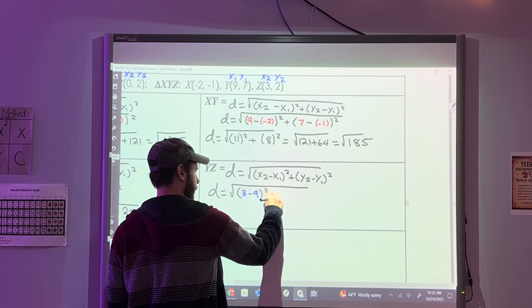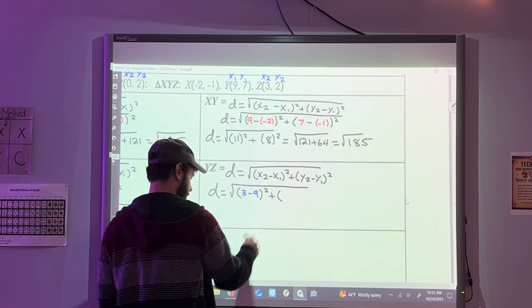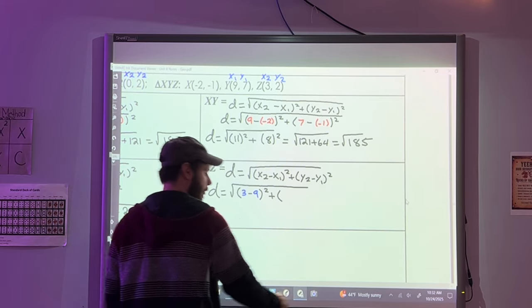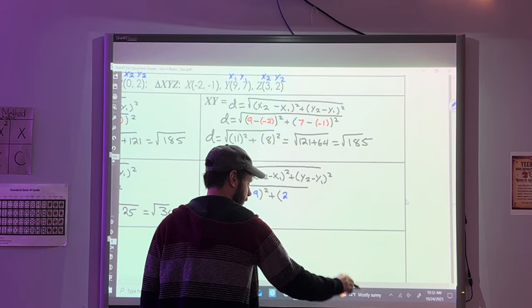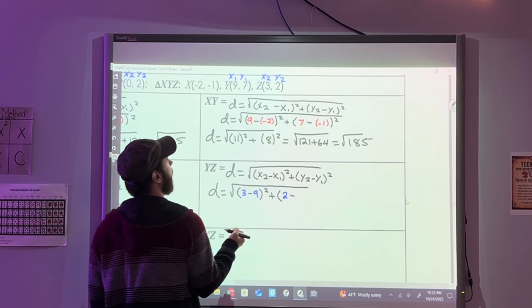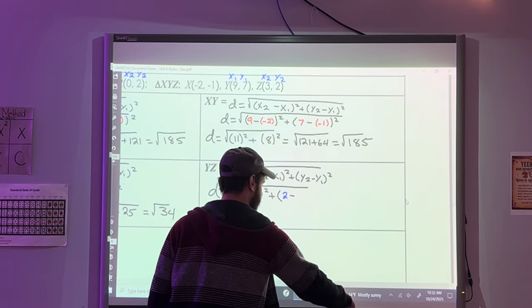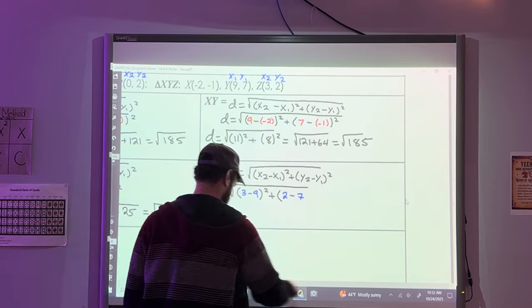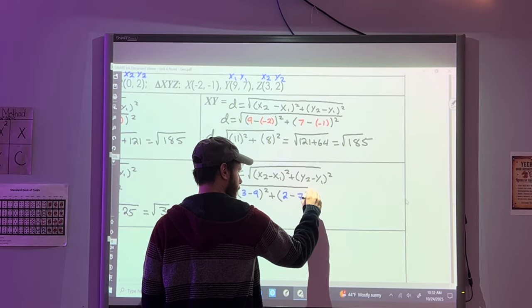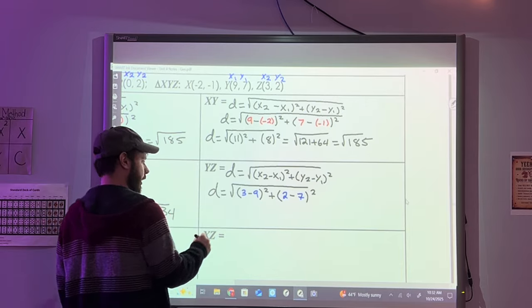Close it, square it, add. y2 in this problem is 2. Minus y1, which is 7. Close it, square it. Okay.